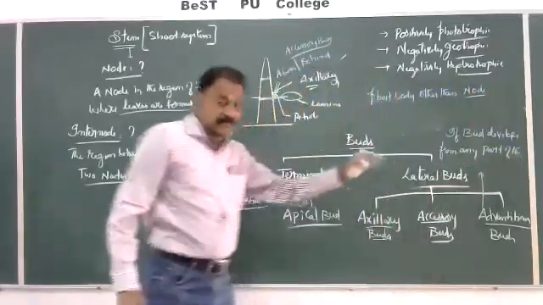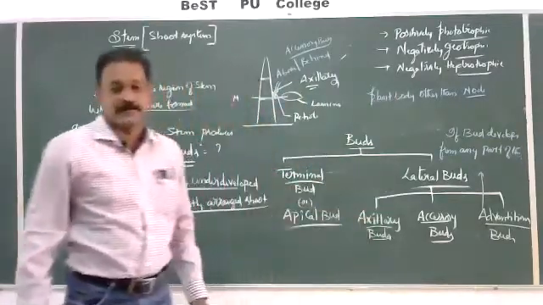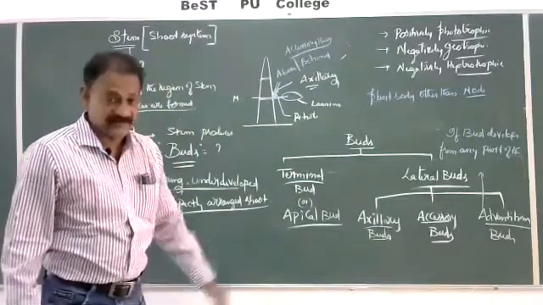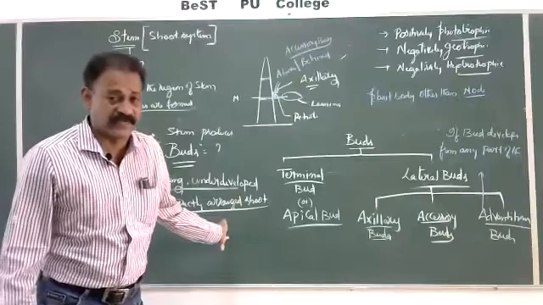If it is developing from the node, it should be either axillary bud or accessory bud.